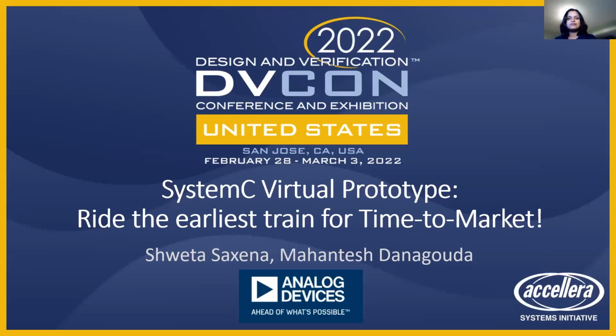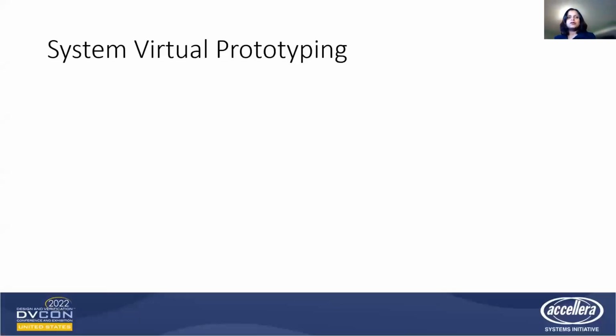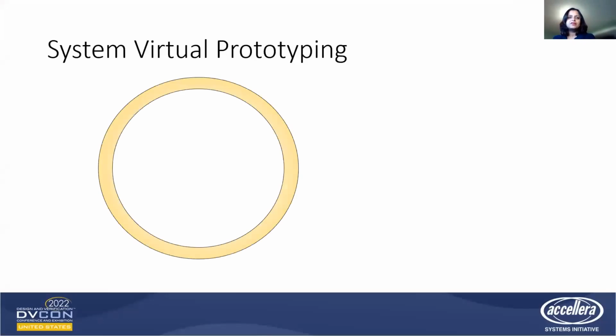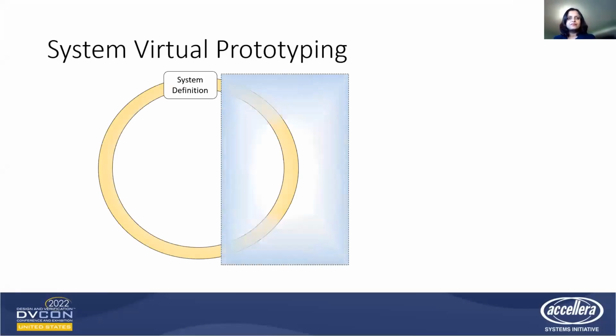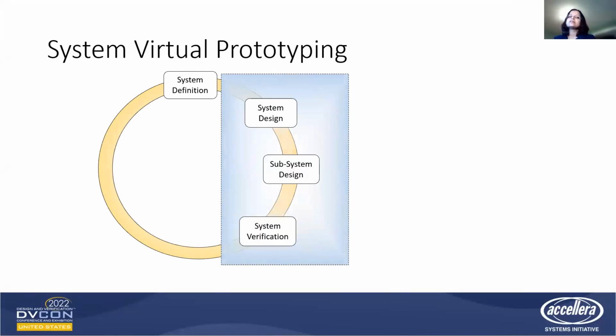So let's begin. Now, what is system virtual prototyping and where does it come into picture? When beginning the product development, we start with defining the system, following which comes the system design, the subsystem design, and the initial system verification. Now focus on the blue region here.